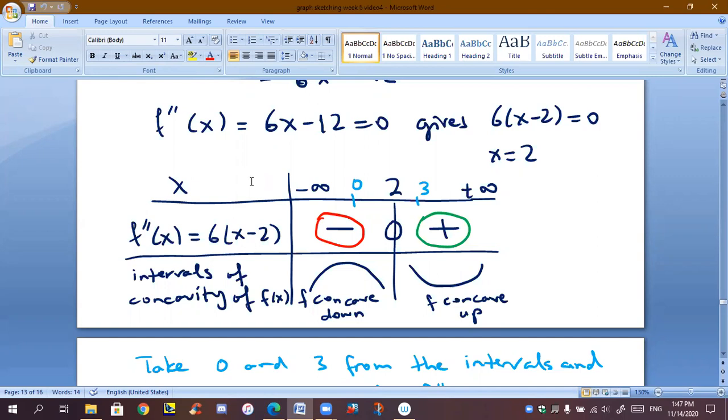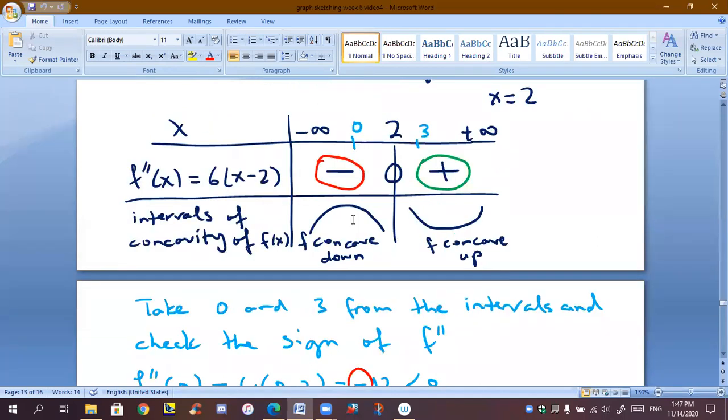Now, the first row is again the domain of f, which is from minus infinity to infinity. We got this number 2, which makes f double prime 0. We want to find out the sign of f double prime on these two intervals. So I, again, pick any random number, and I choose possibly the nicest numbers I can, 0 and 3.